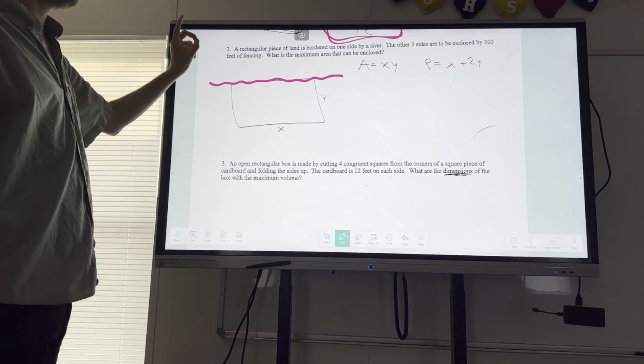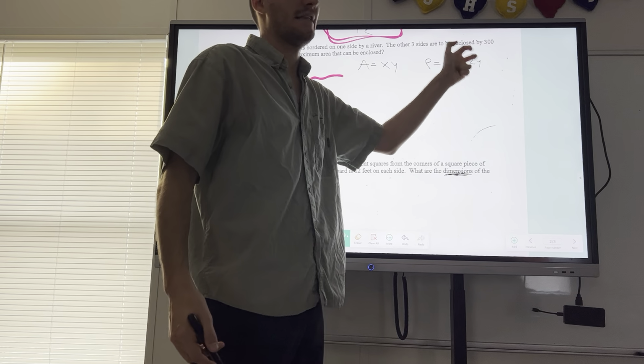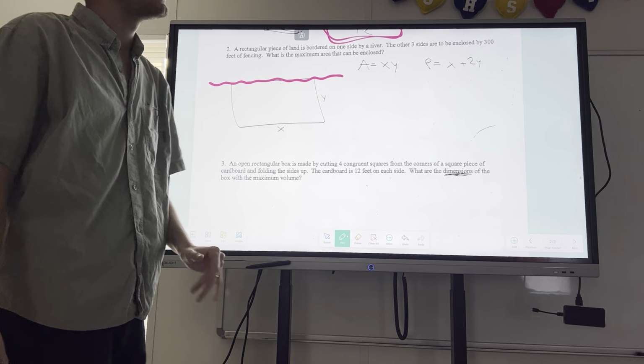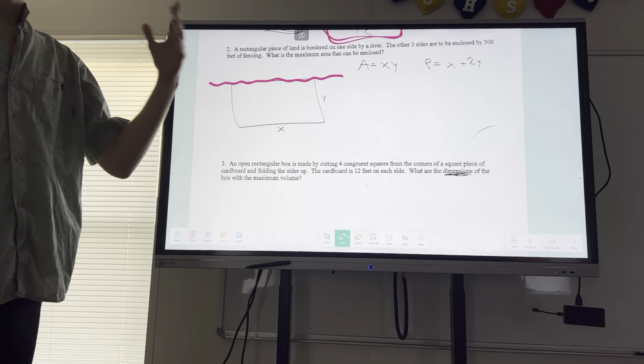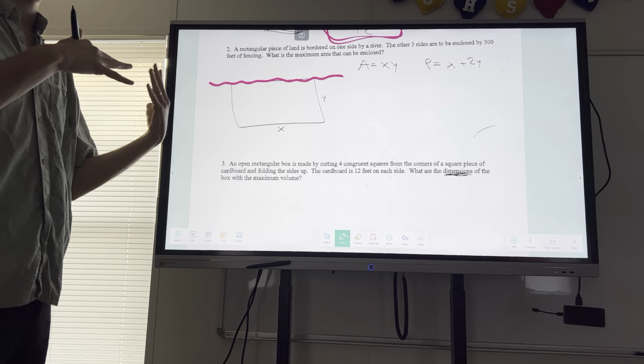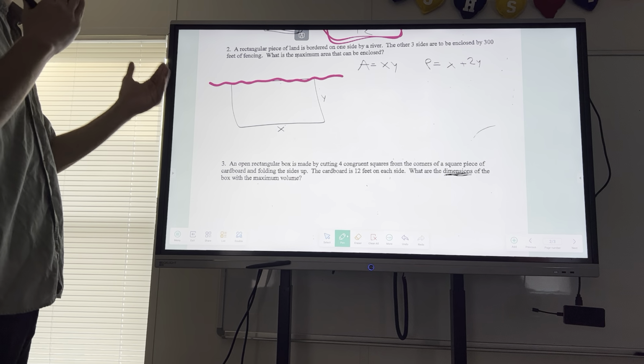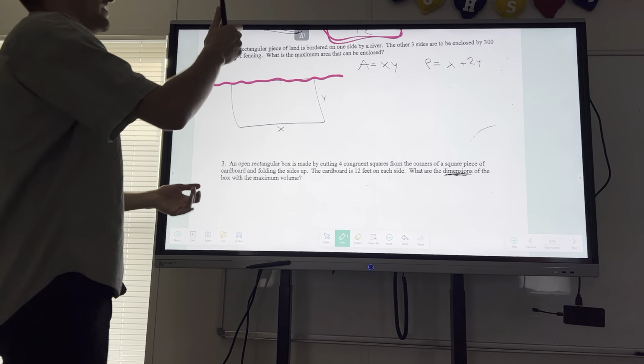Now, as of right now, we have A, x, y, that's 3, P, x, y, that's 3, that's too many. So one of these will always be just 2 variables, which means one of these areas or perimeters will be capped, will be constant. And the constant capped says 300 feet of fencing, which means our perimeter is 300.